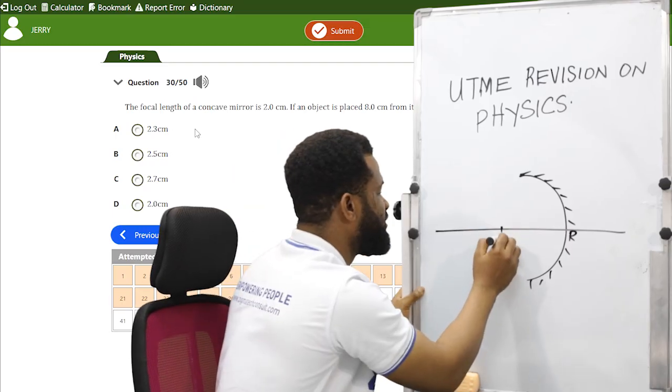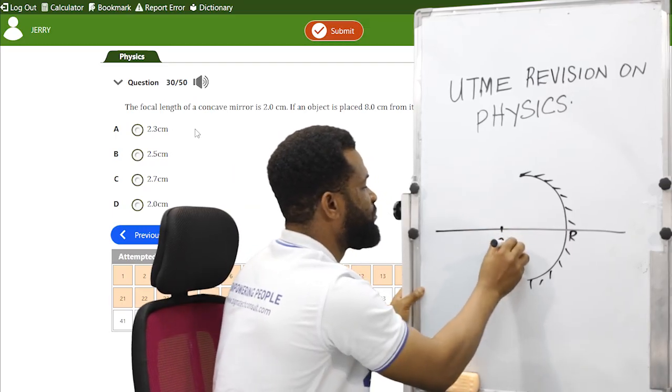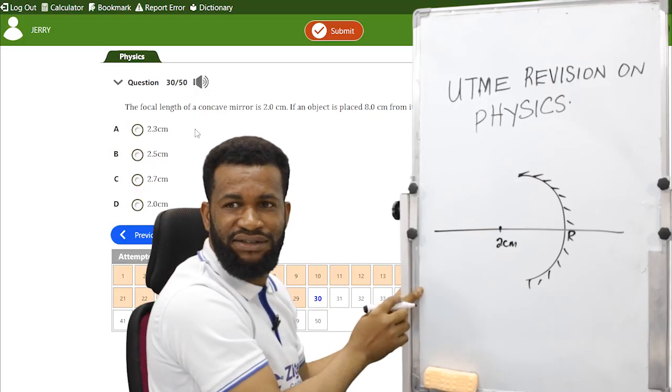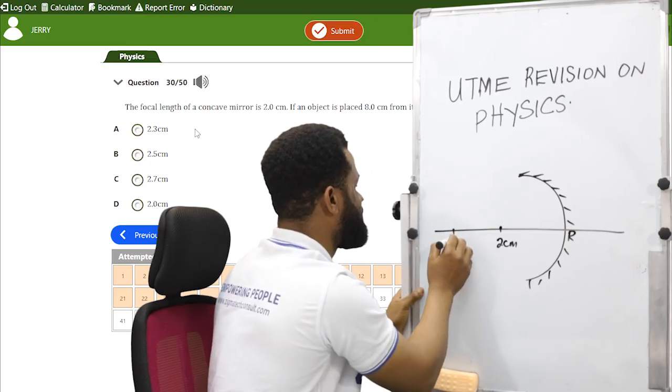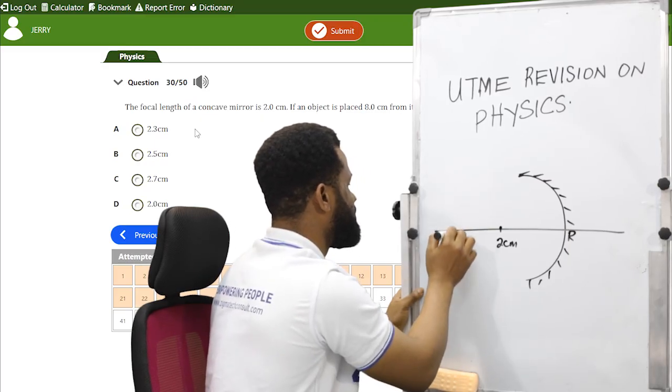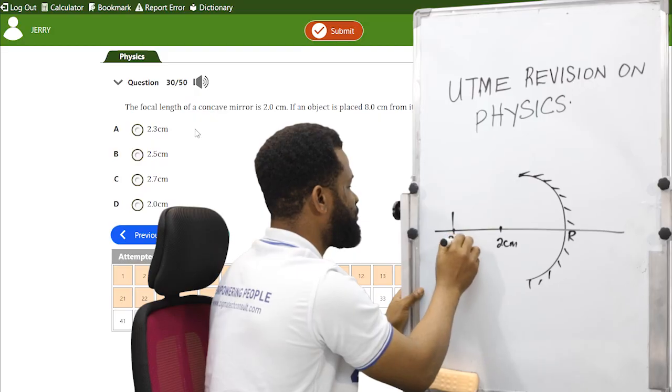The focal length is 2 cm, and the object is placed at 8 cm, at this point.